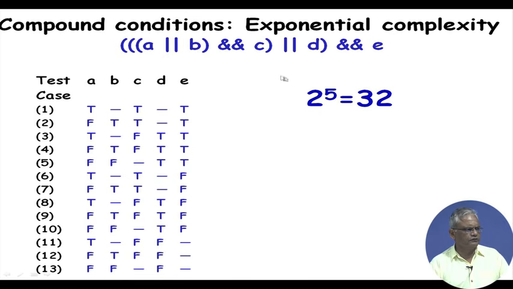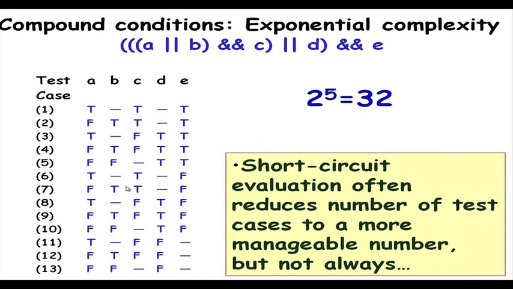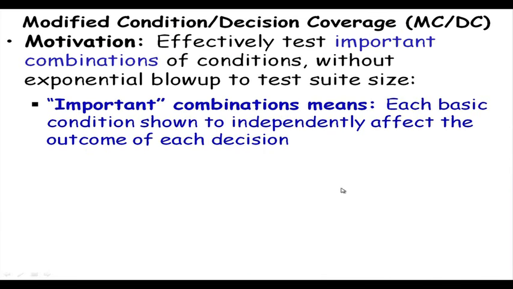But if we use the short circuit evaluation techniques adopted by compilers, actually the short circuit evaluation adopted by different compilers differ. So, this is just one example of short circuit evaluation. In that case, we might achieve multiple condition coverage with just 13.